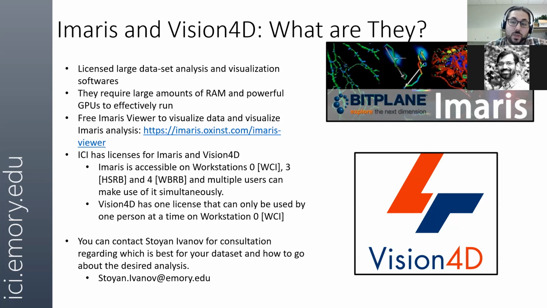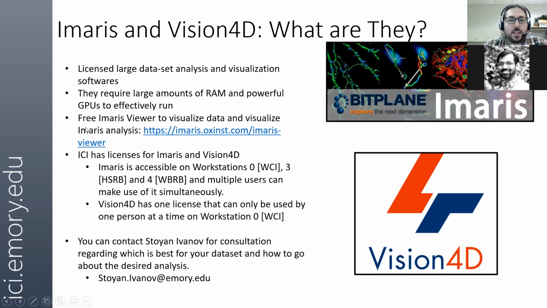So at most, one user can use it at once. So that's perhaps harder to access. At any point, you can contact me if you have any questions about either of these softwares, whether it's applicable to your kind of analysis, whether you just need some help with it, or you have broader questions about what it can be useful for.